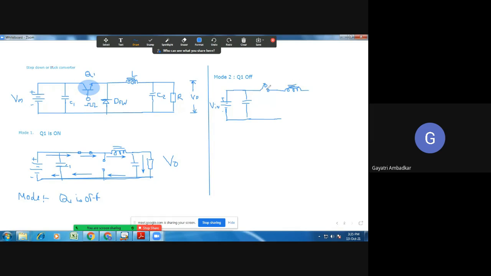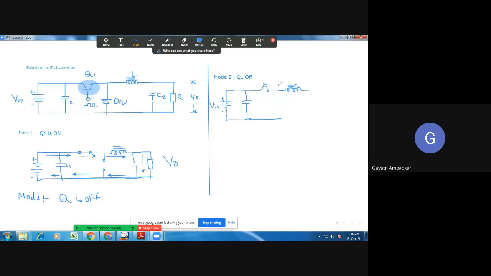Because the switch is open, the supply is disconnected. But whenever there is a sudden change to the current flowing through the inductor, remember this important principle. When the current was flowing through the inductor and the moment this switch is off, there is a sudden, abrupt change in the current flowing through the inductor.